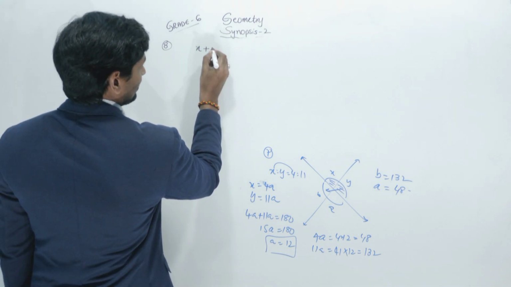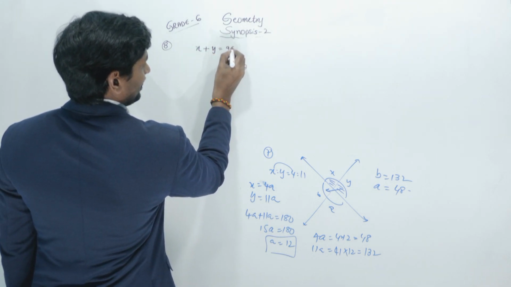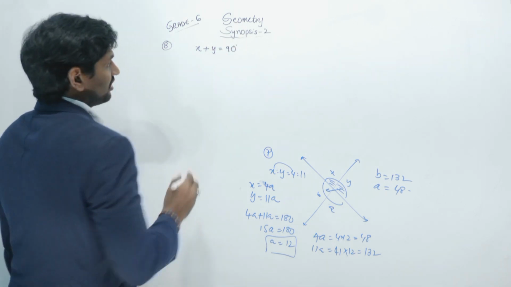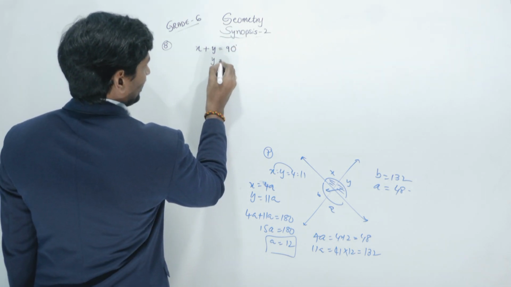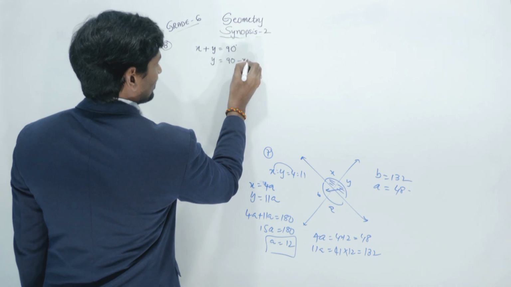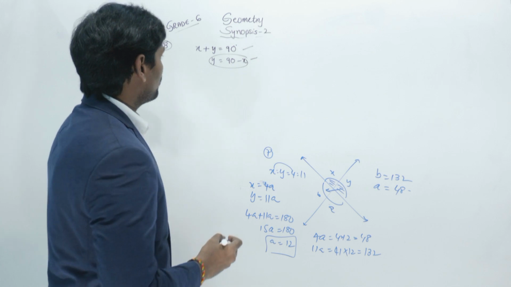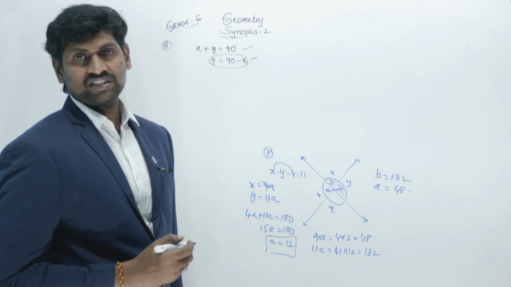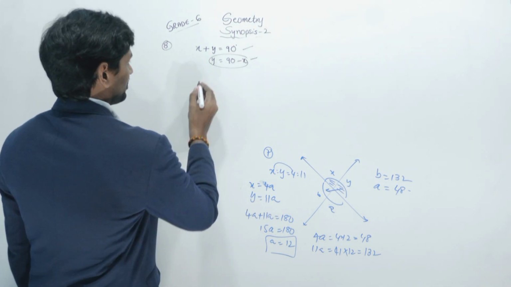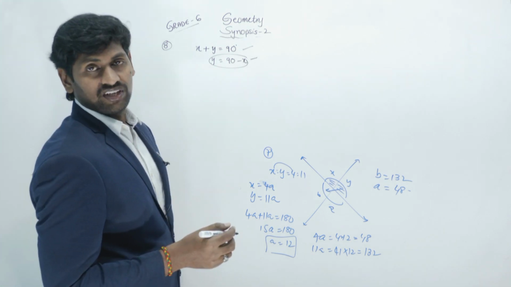First angle x, second angle y, their sum equals 90 degrees. If the first angle is x, what is the second angle? 90 minus x. Okay? If you take x as one of the angles, the second angle will be 90 minus x, and their difference is 40. Okay? The difference is 40.